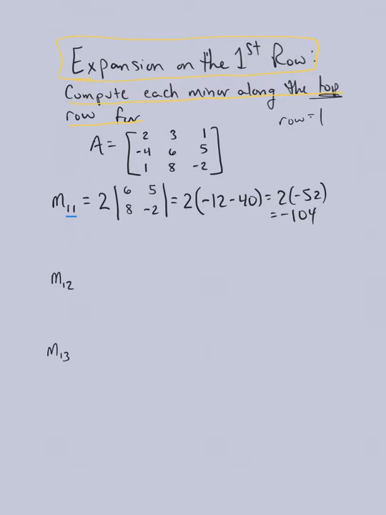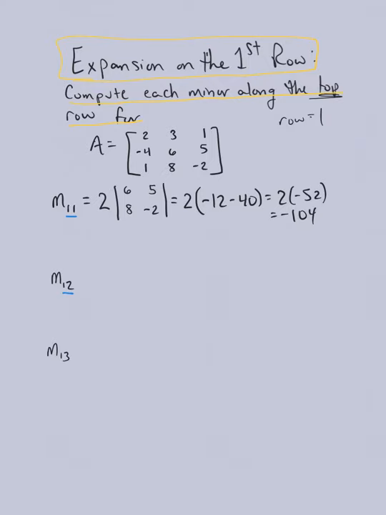Okay, so hopefully you paused, but if not, so we're in row 1, column 2. I'm going to use that 3 as my multiplier, and then I'm going to cross out its row and column to get the resulting minor determinant.